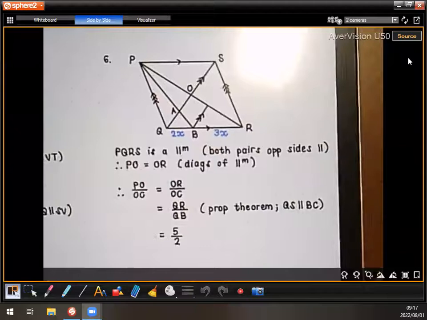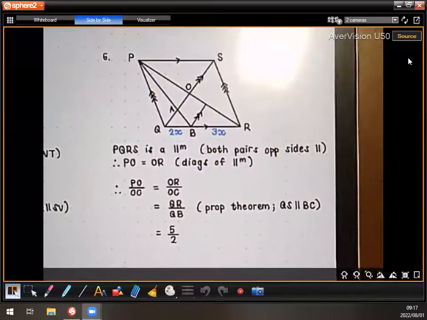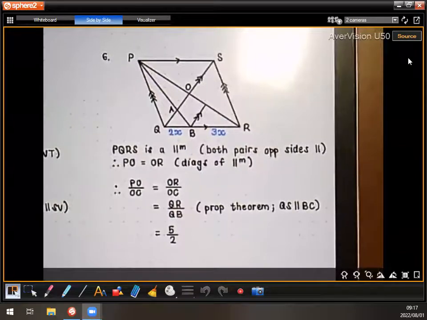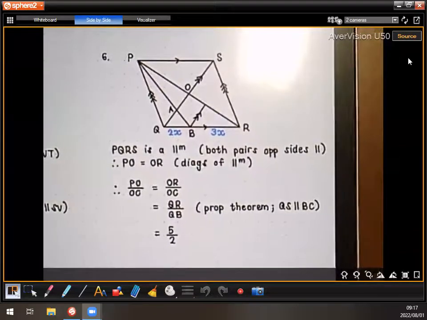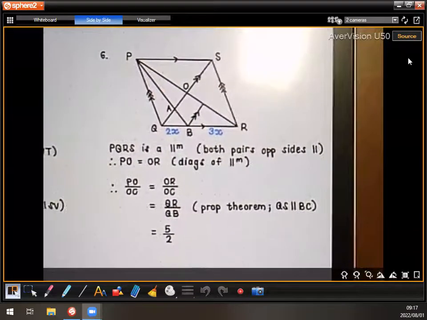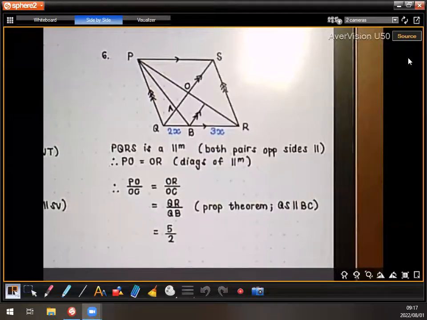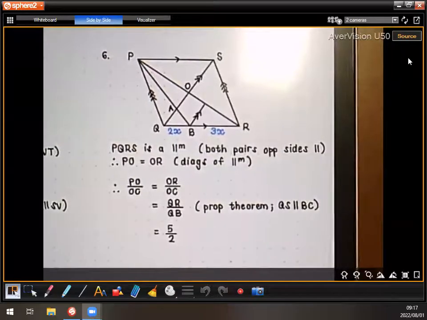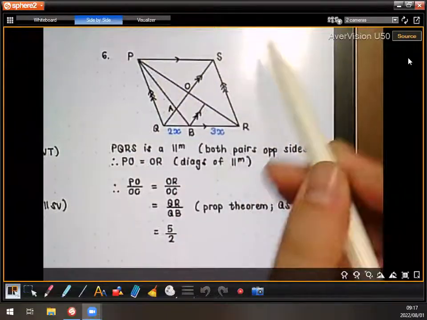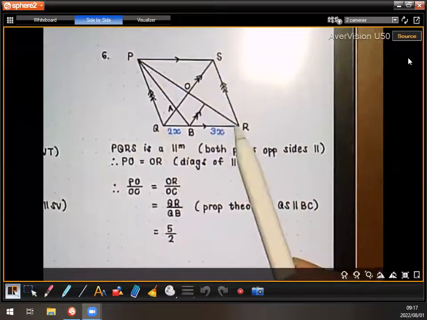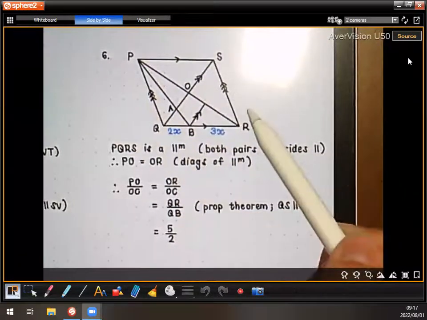I did mention in class the other day that you need to use the fact that it's a parallelogram to be able to do this question, unless someone found a different way of doing it. Does it say anywhere that it is a parallelogram? If you read through the little heading, they didn't actually. But we can see that it would be because that side is parallel to that one and that side is parallel to that one.